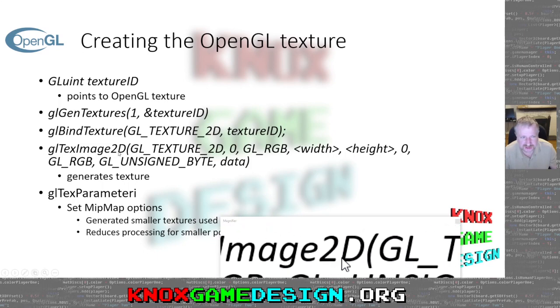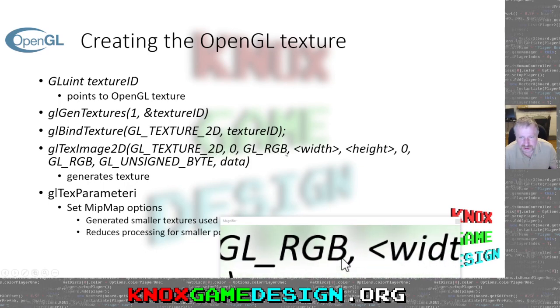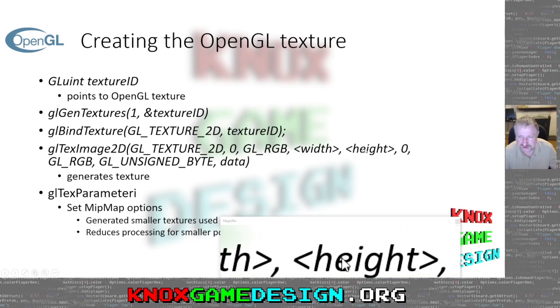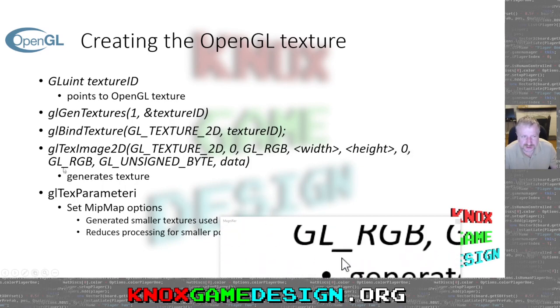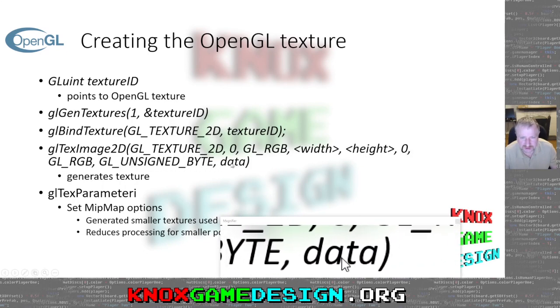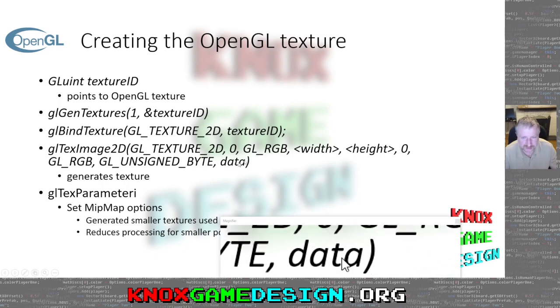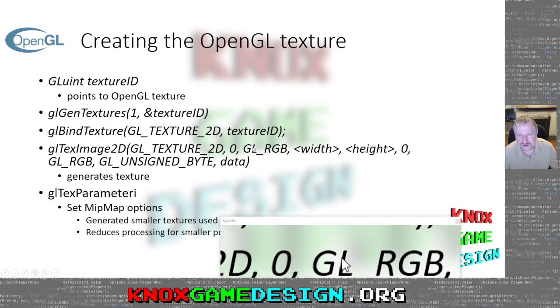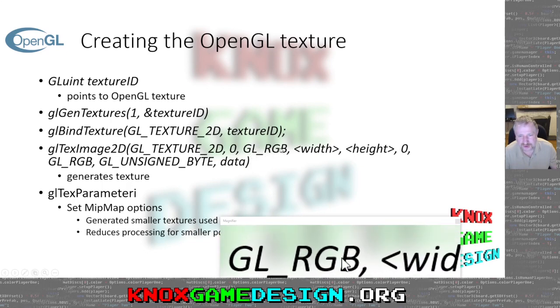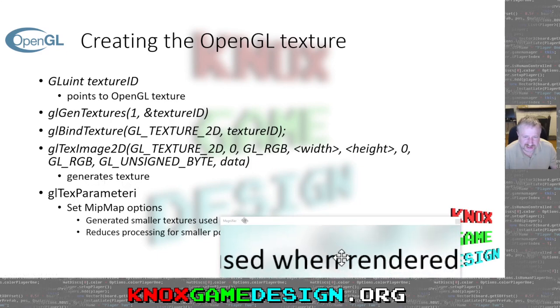Then glTexImage2D with GL_TEXTURE_2D, 0, GL_RGB, the width and height of our image, 0, GL_RGB, then GL_UNSIGNED_BYTE, then a pointer to our pixel data. One problem is that we're using RGB right here, but our data is going to be in BGR. So that command generates our texture.